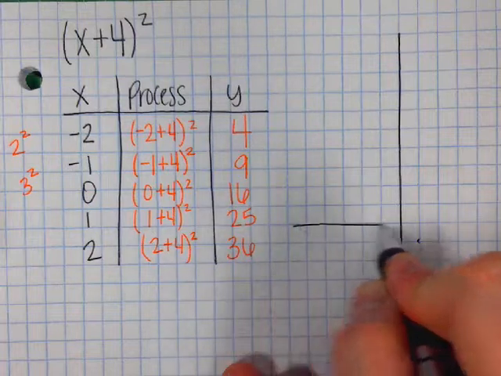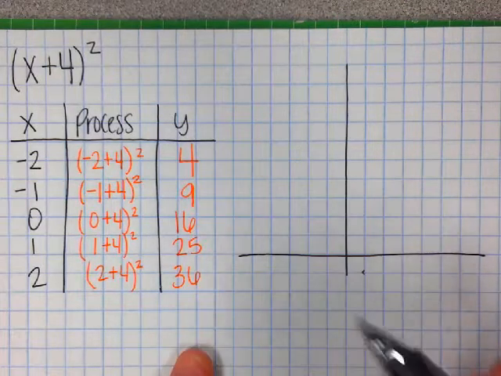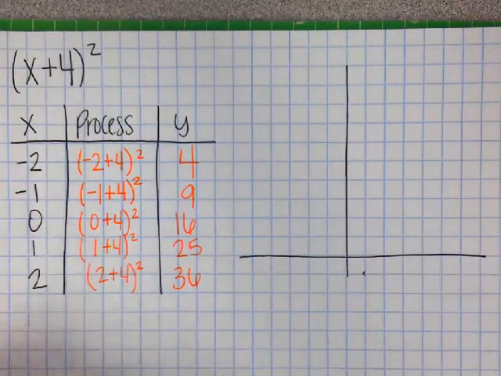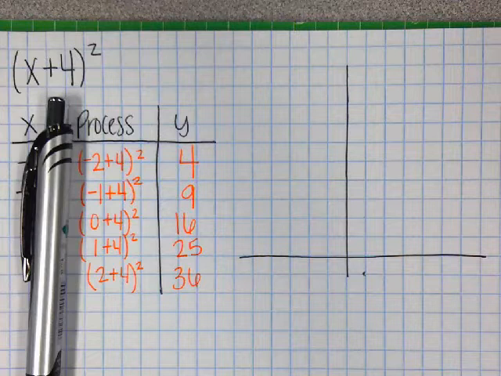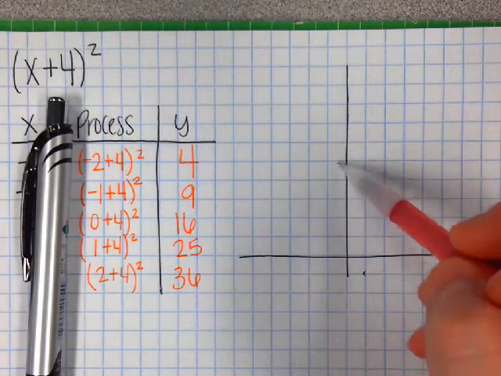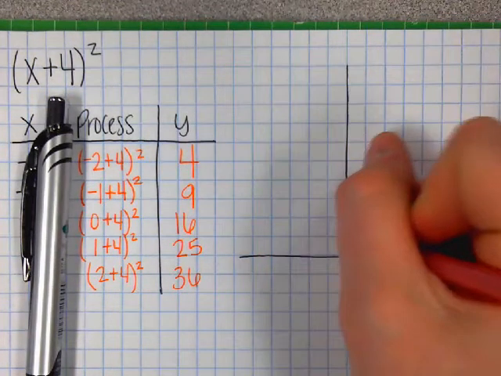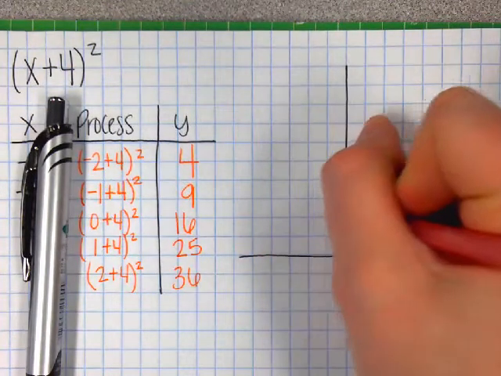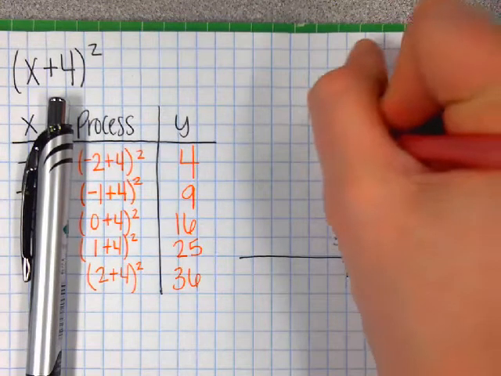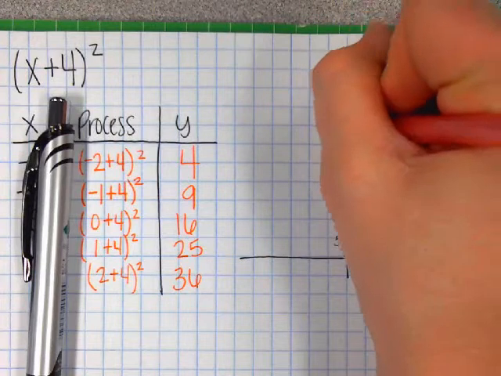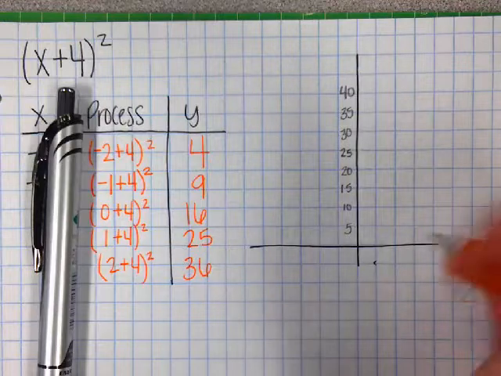So this one's not really hard to graph, but we're just going to have to use a different scale. And we're probably not going to see the vertex on this one. Oh, actually we're not. So when we do this one, we're going to have to go by something other than ones on our scale. I'm going to go by fives. 5, 10, 15, 20, 25, 30, 35, 40.